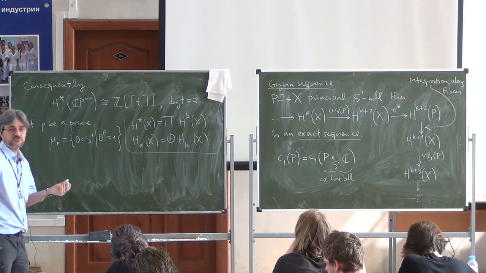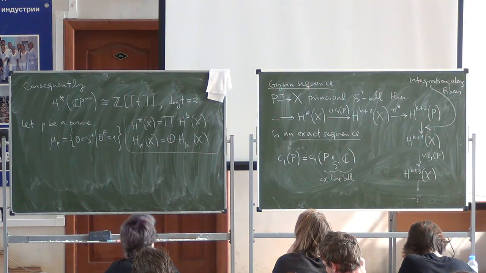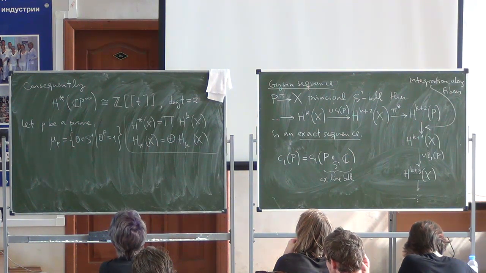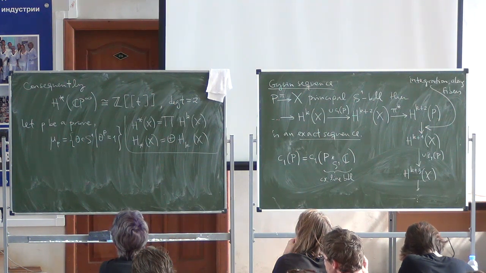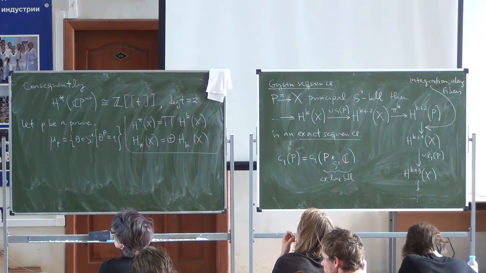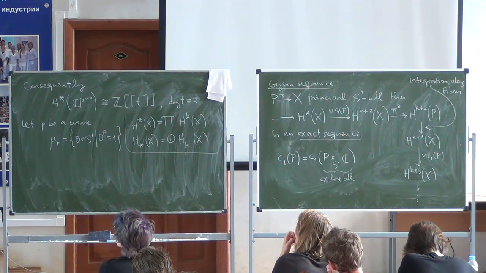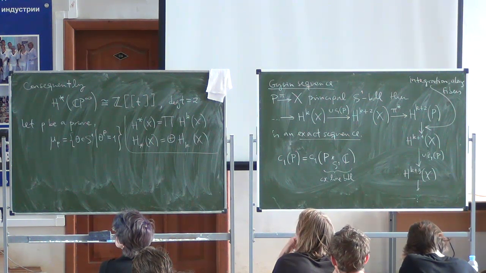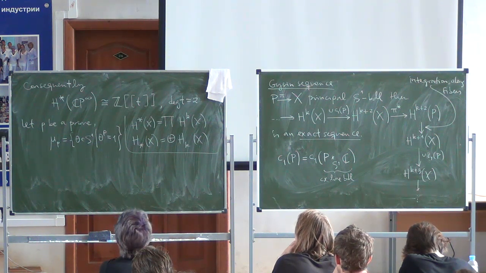Now I want to find the classifying space, and for that I need a contractible space on which mu p acts freely. But we do have such a space because we know that S infinity is a contractible space on which S1 acts freely, and mu p is a subgroup of S1, so this works perfectly nicely.